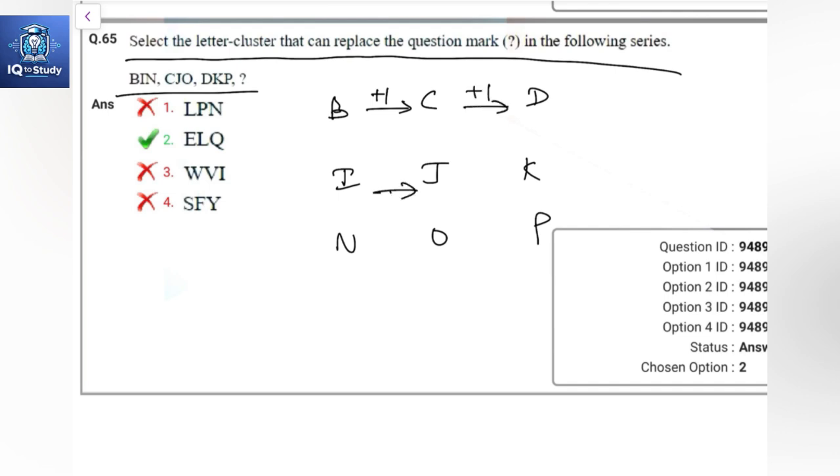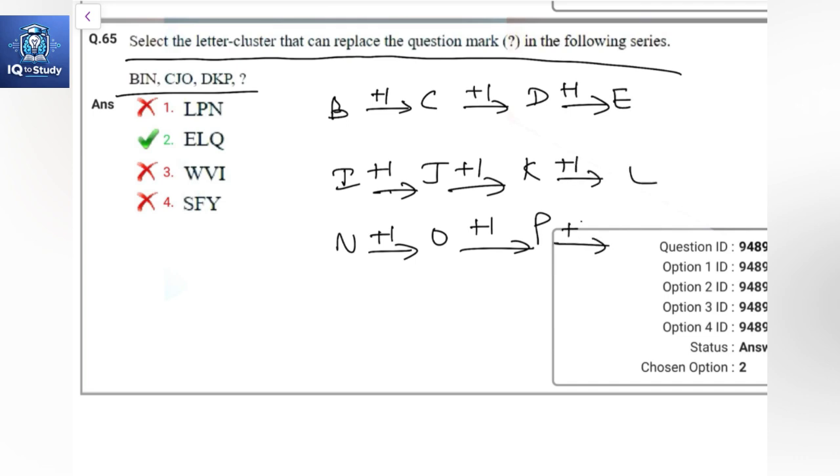Here similarly I plus 1 is J, J plus 1 is K and N plus 1 is O and O plus 1 is P. Similarly the fourth series will be like D plus 1 which is E, K plus 1 which is L and similarly P plus 1 which is Q. So the answer is E, L and Q, which is option number 2.